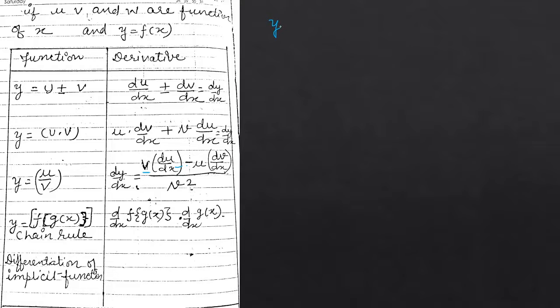Like if the function is y equals (8x⁸ + 6x² − 2x) whole upon (3x² + 5x).